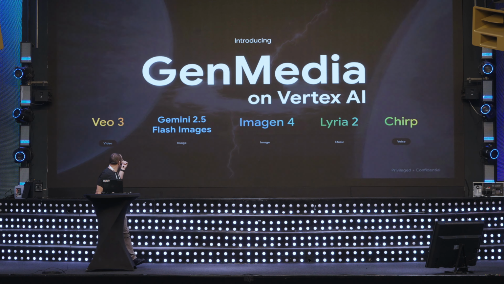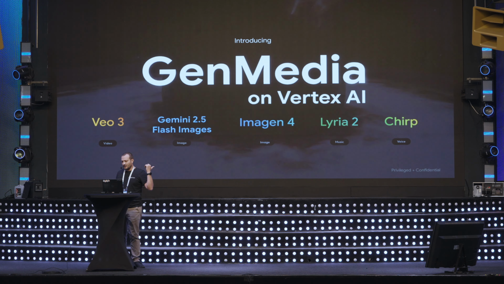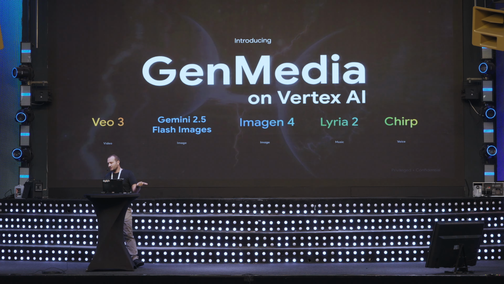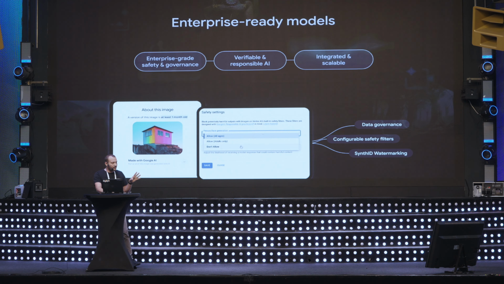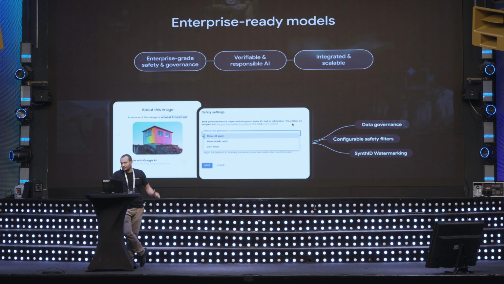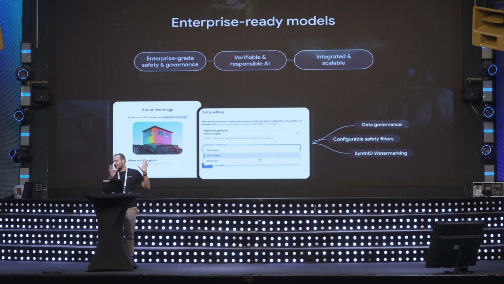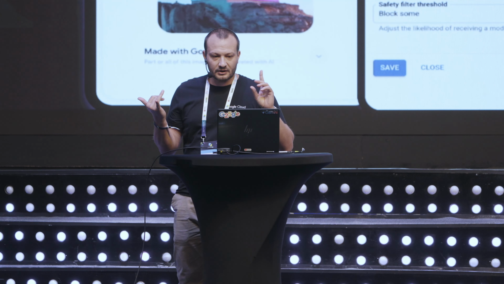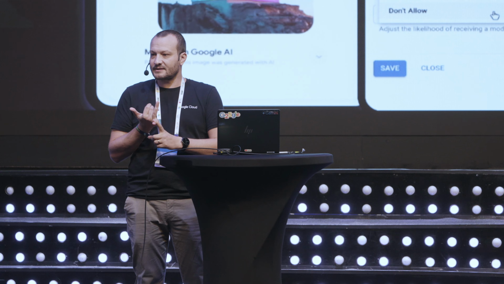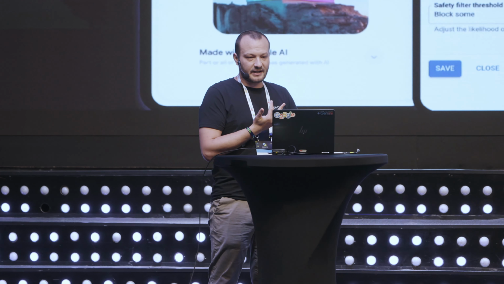So Veo, Gemini Flash, Imagen, Lyria, Chirp, and so on. I will shortly explain a few of them. But before that, since they are hosted and running on Google Cloud, first of all, they are enterprise ready. They are safe.